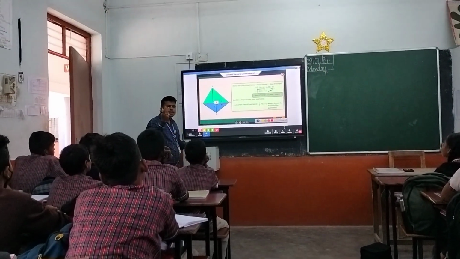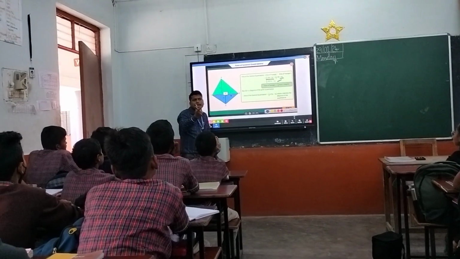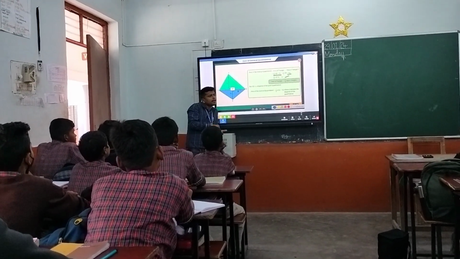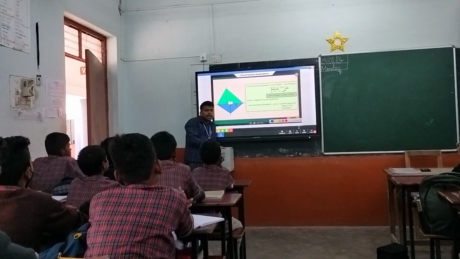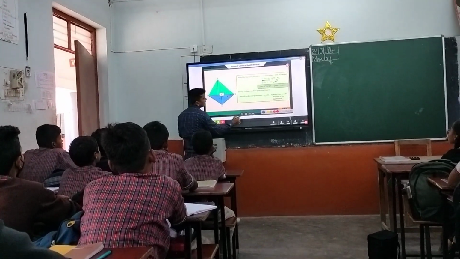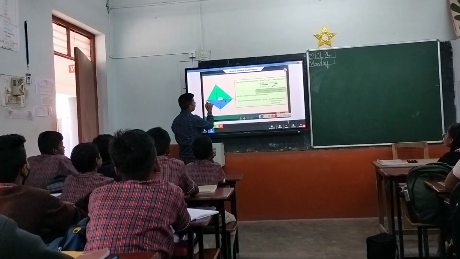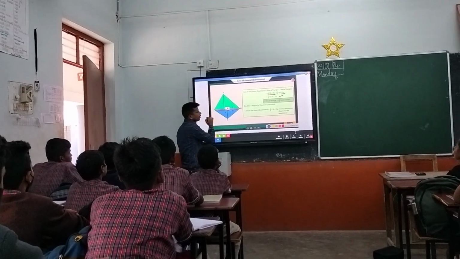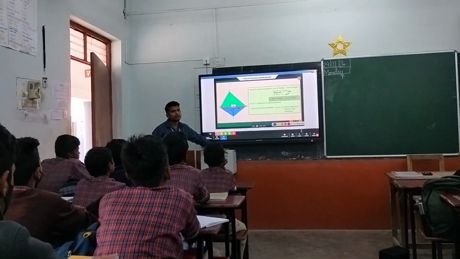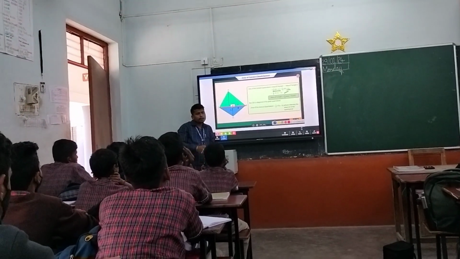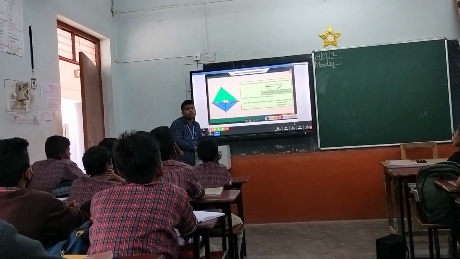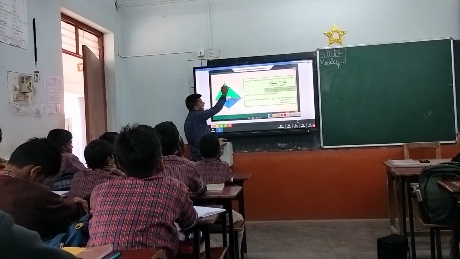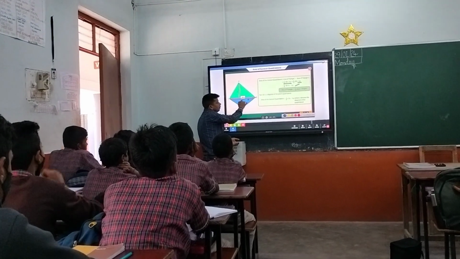Okay, basically we have to take any one diagonal of the quadrilateral, as it is taken here. Which diagonal? See, diagonal QS. Okay, and on that diagonal, from the two opposite vertices, heights are drawn, one H1, one H2.